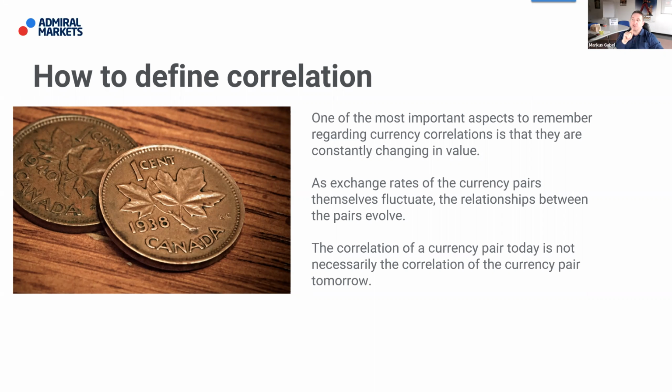What do you think? Which time frame are we talking about? Where is the relation? It's a test if you follow my words, guys. In which time frame could it happen that the correlation of a currency pair today is not necessarily the correlation of the currency pair tomorrow?